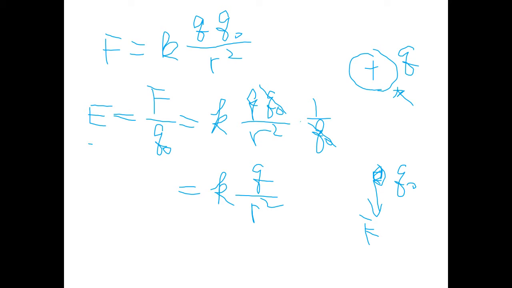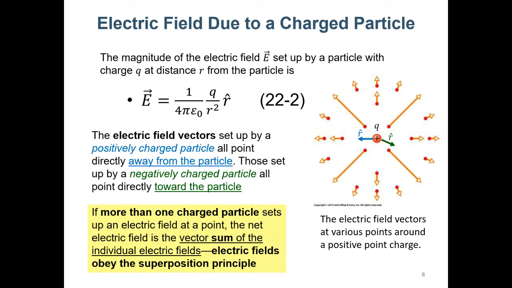So actually the E field generated by this charge is only related to the amount of charge and also the distance from these charges, and k is a constant. If we write it in a vector form, it will look like this. And as I mentioned in the last chapter, R hat is a unit vector.